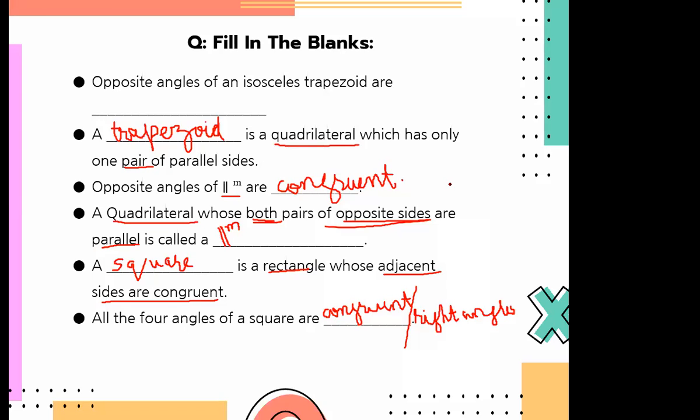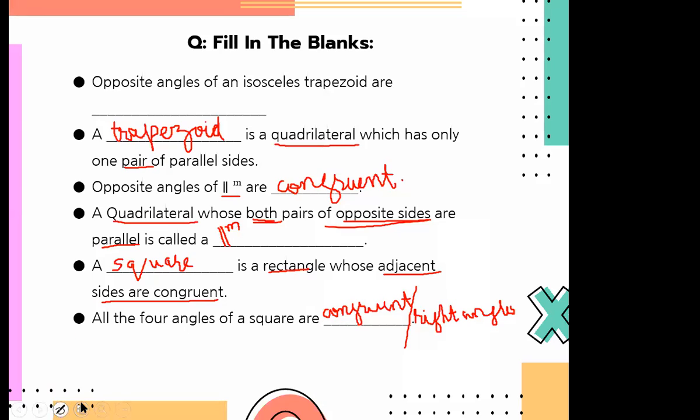Now, Iman Adnan was asking about isosceles trapezoid, right, Iman? Am I right? Yes, Iman Adnan was asking about isosceles trapezoid, so I'm going to explain it again.